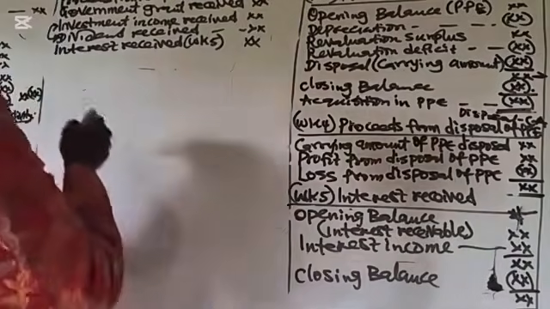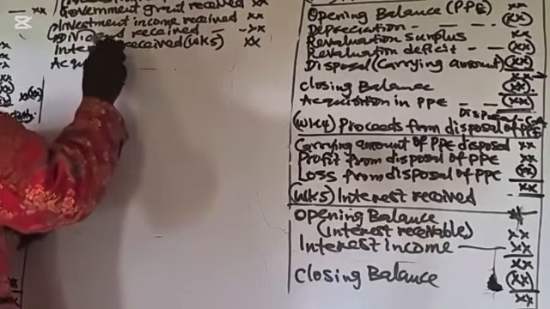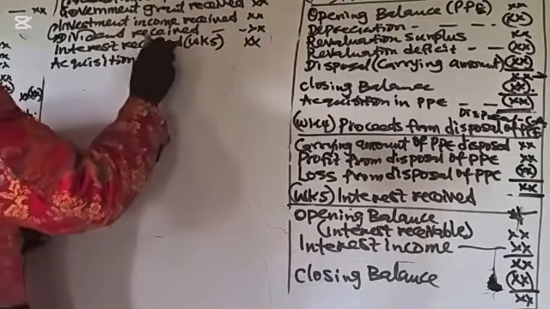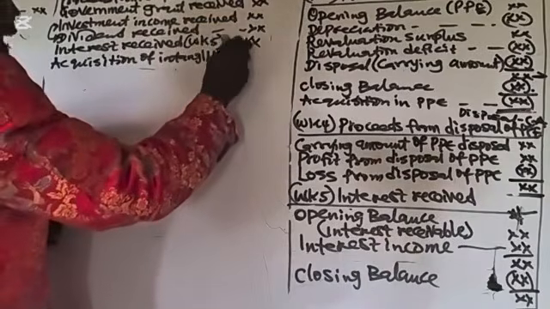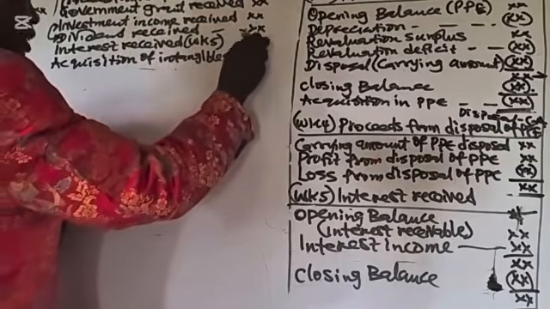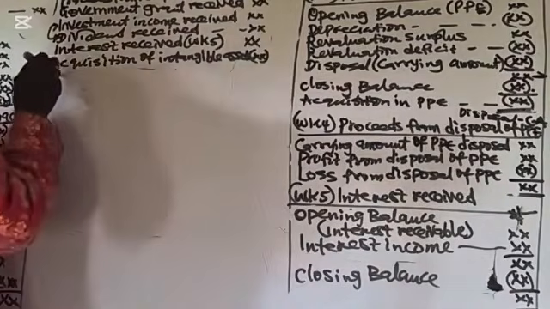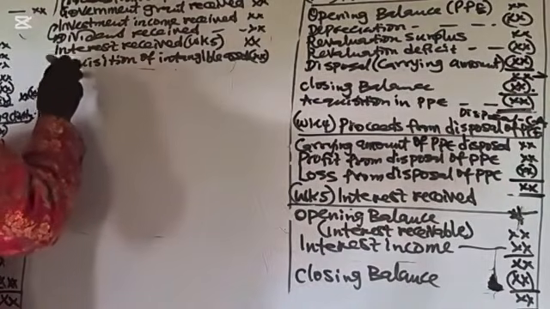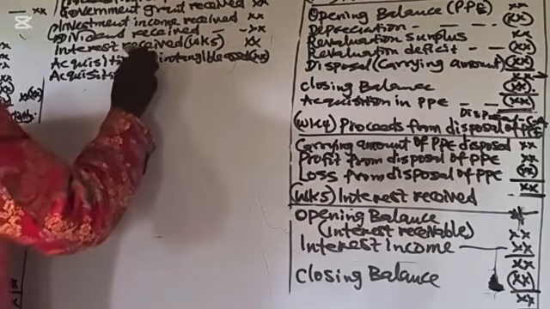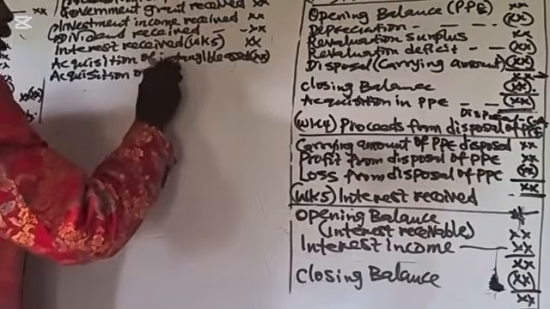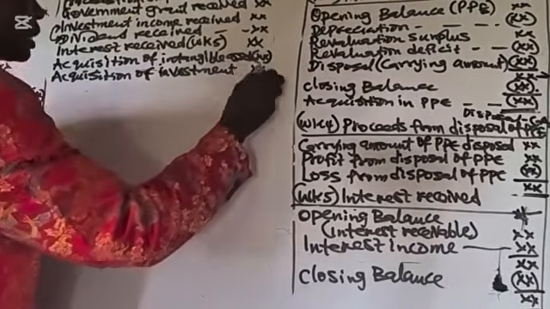Then acquisition of intangible assets. If there are acquisitions, the closing balance will be greater, so you subtract outflows. Acquisition of investment, the long-term investment. Acquisition of investment, those investments that are not found under the non-current asset.